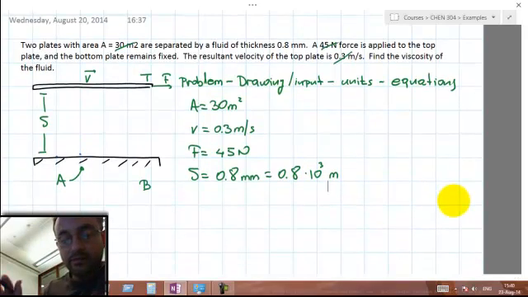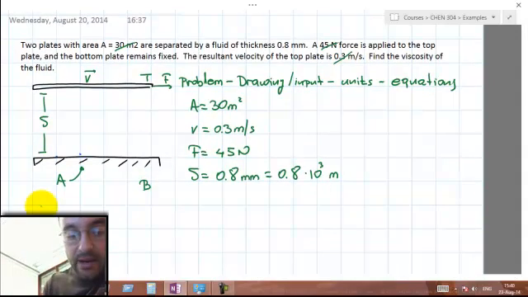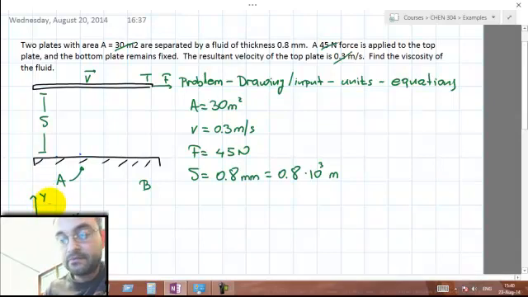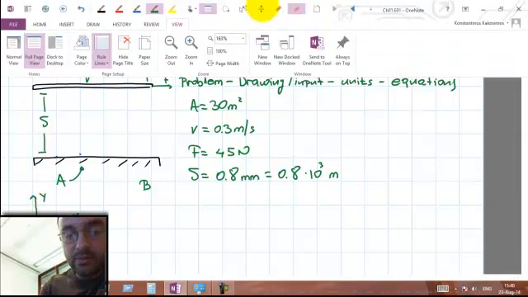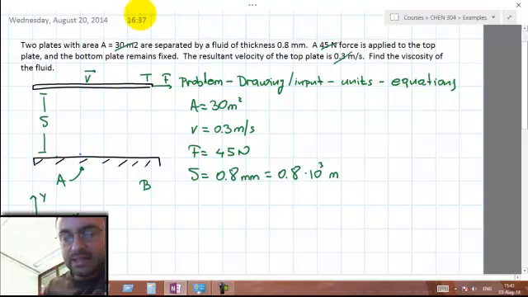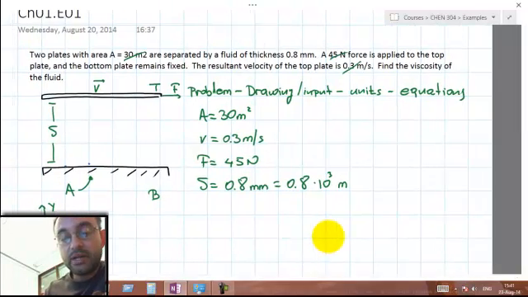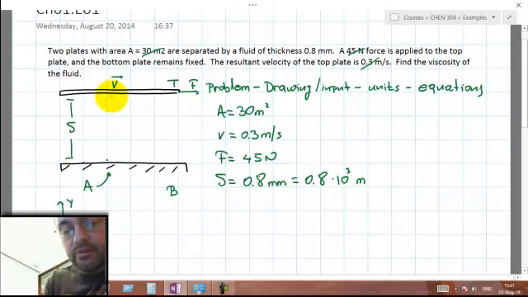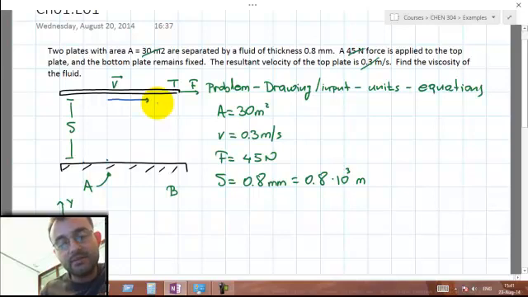And a very important aspect, every drawing needs a coordinate system, X and Y. Now, as a little bit more information, what exactly is happening in the fluid between the two plates? Well, we can guess that the top layer of the fluid is moving with a velocity probably exactly equal to the velocity of the plate.